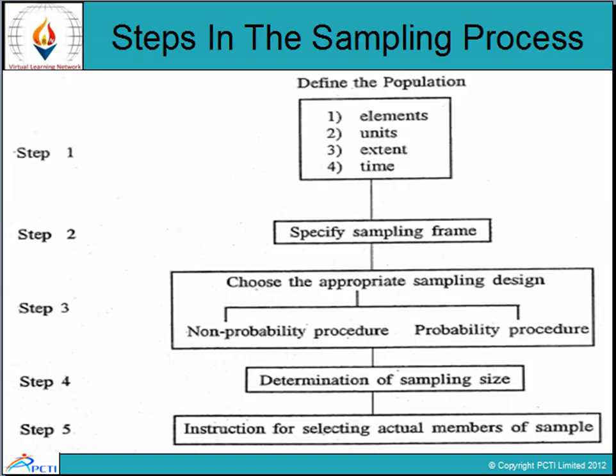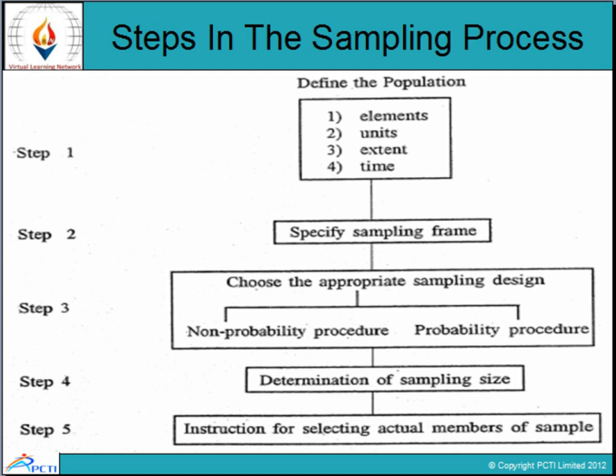Now there are steps in the sampling process. The first important step is to define the population, and while defining the population it is very important to define the elements which are used, the units which are used, the extent of the usage and the total time to be used. The second step is to specify the sample, the list of all the sampling units which are belonging to the population.